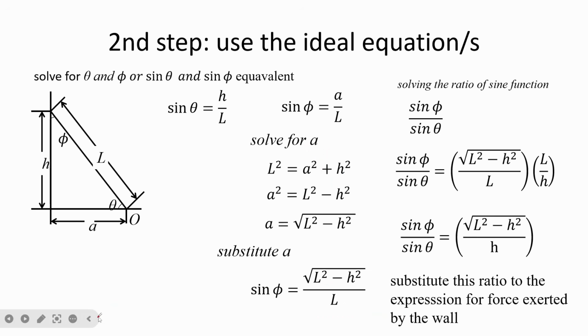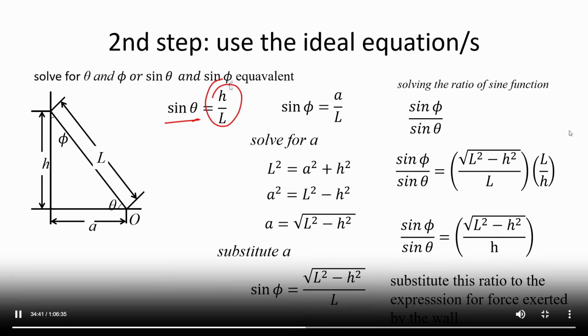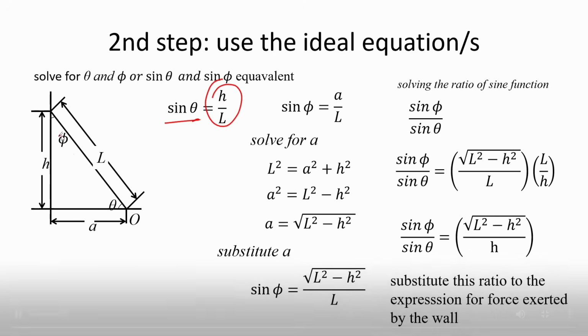That's quite easily done because we already know the height is h, the hypotenuse is L, and the base is A. So sine phi is equal to h over L. The sine theta is A over L.